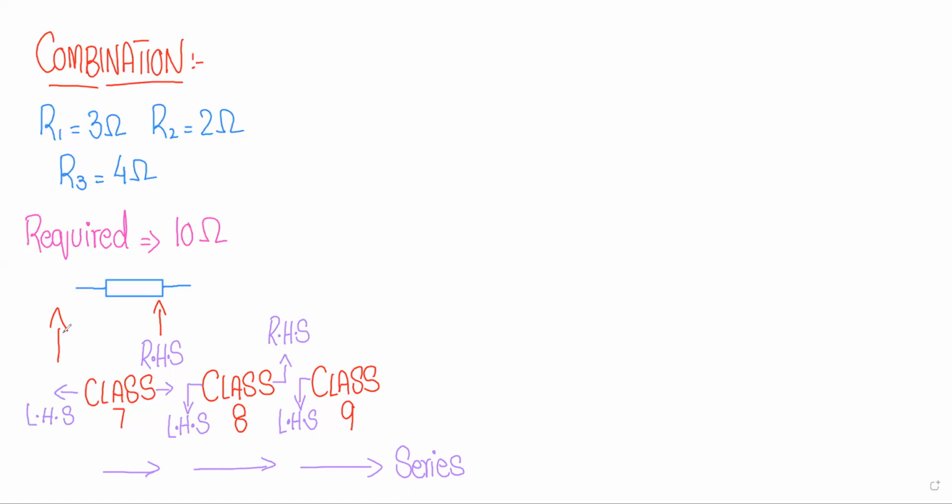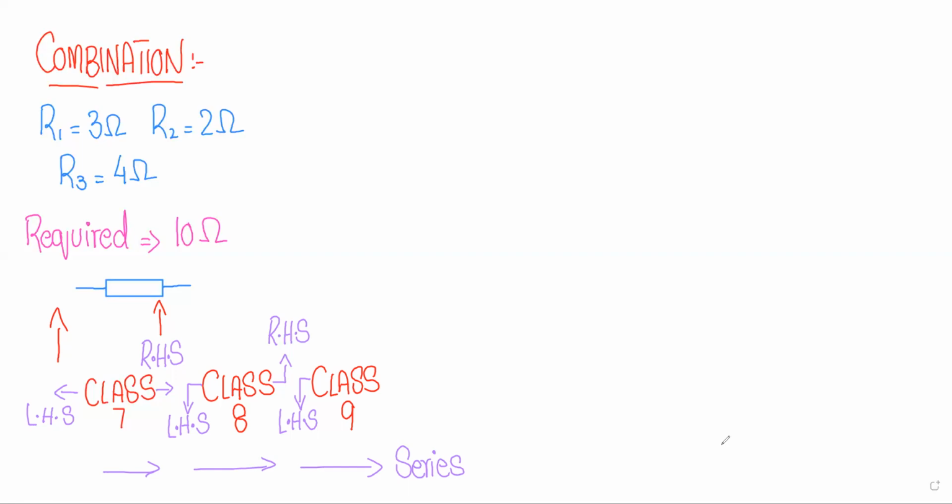So we need to find the formula that tells us how we come to know whether we are going to combine these resistors in series or connect them in parallel combination, right? So this is the problem for us, that we don't know what the combination of the resistors will be.